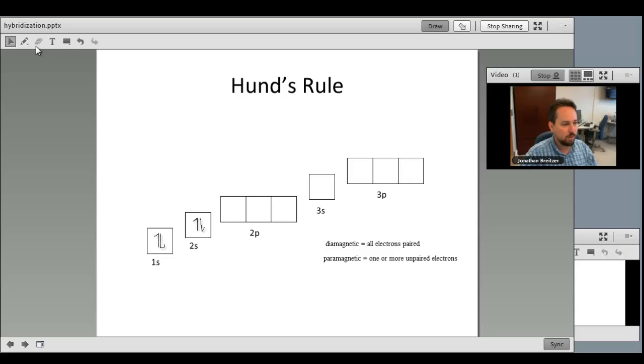And of course, if we were to fill everything up and go all the way to neon: boron, carbon, nitrogen, oxygen, fluorine, all these are paramagnetic, but then when we get to neon, now it's diamagnetic. Go to sodium, paramagnetic, magnesium, diamagnetic. Okay.